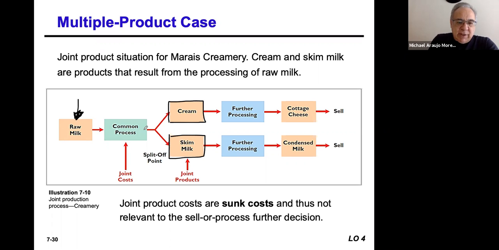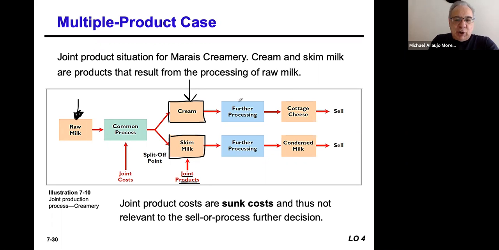So these are two products from the same process. So we call them joint products, although today, a joint product could also be something different. So this is where we could stop here, or we could process further.